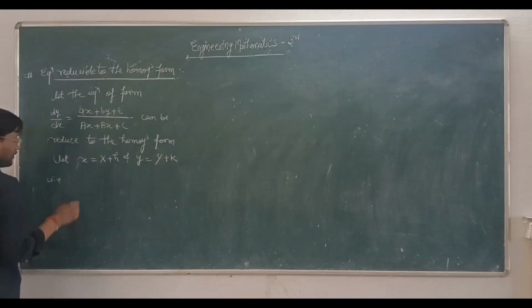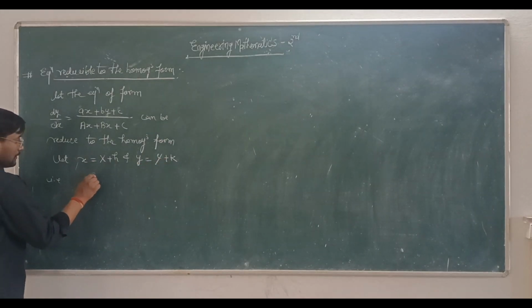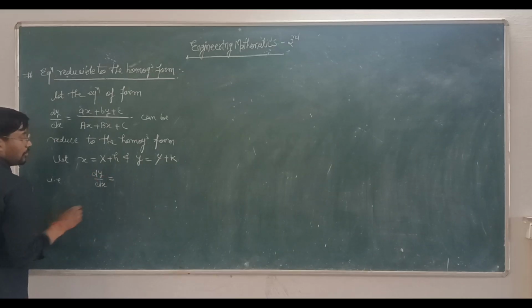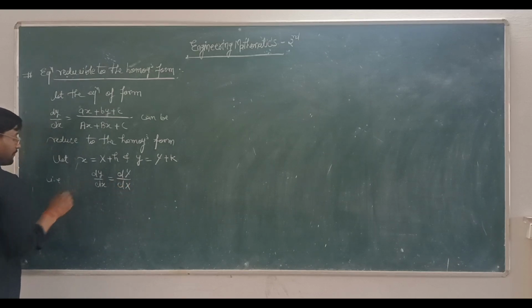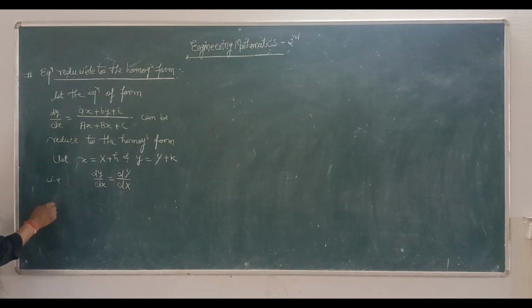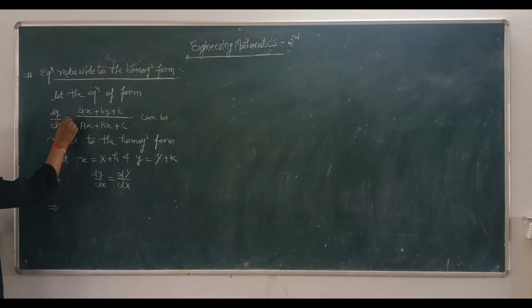This is a differential. This means dy of dx is also equal to d capital Y of d capital X. You can note down. You can put this value in this equation.